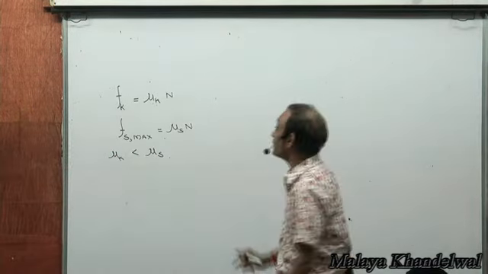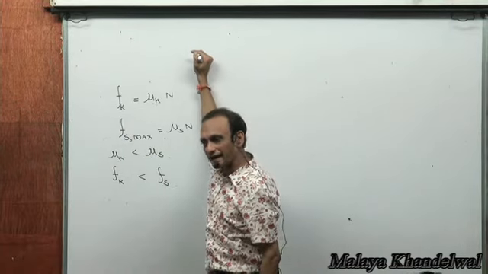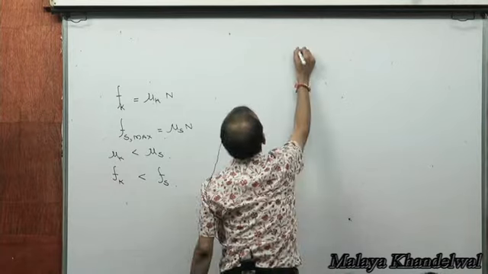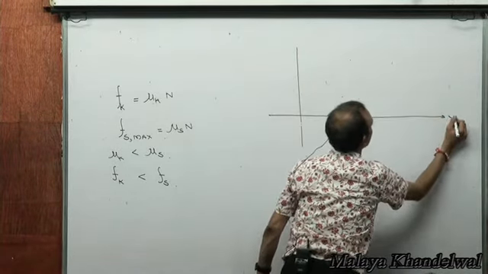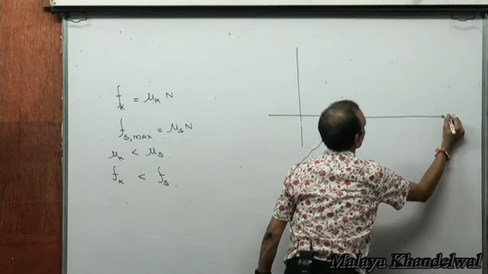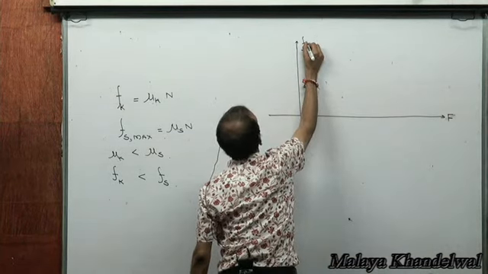Now, there are times they would give you the value of mu k and mu s, in which case you would distinguish between kinetic friction and maximum static friction. However, there would be times when, like I said, what really happens is there is a slight dip beyond the maximum static friction.